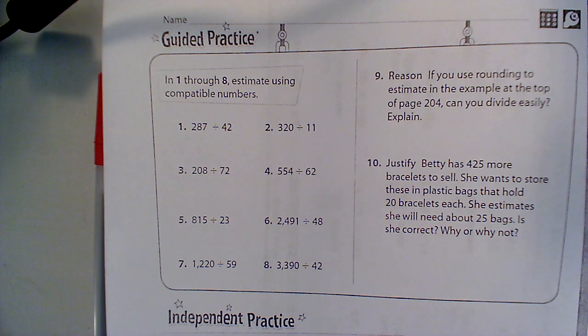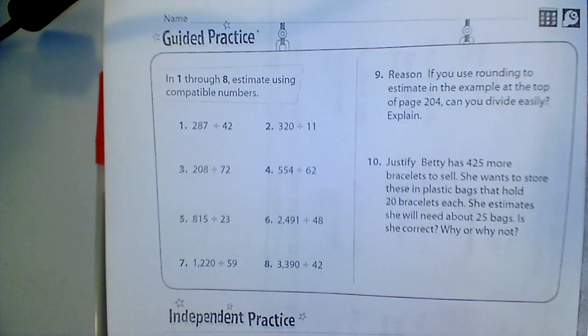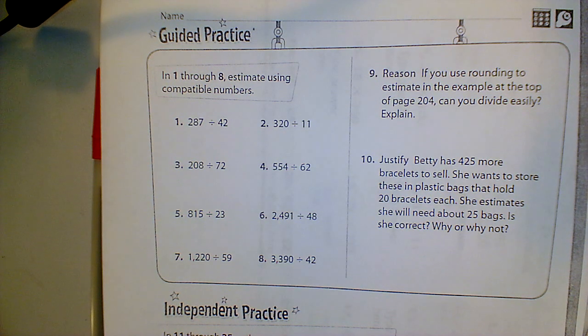And this is just a quick and easy step when we don't need an exact number. So anytime we see "about how much," "about how many," or just the word "estimate," we can use rounding and/or compatible numbers, okay?